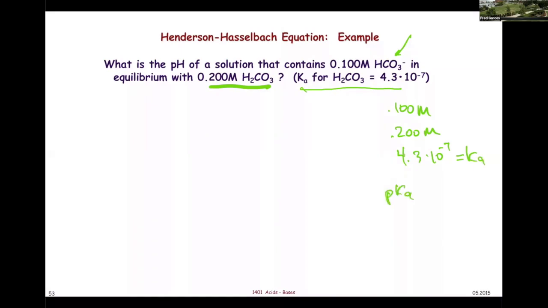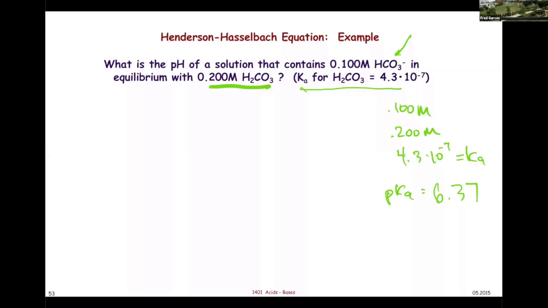And remember, that means you have to take the negative log of that number. So if you have a calculator, go ahead and punch in 4.3 times 10 to the negative 7, and then take the log of that. And if you do, what you will see is that it comes out to 6.37.